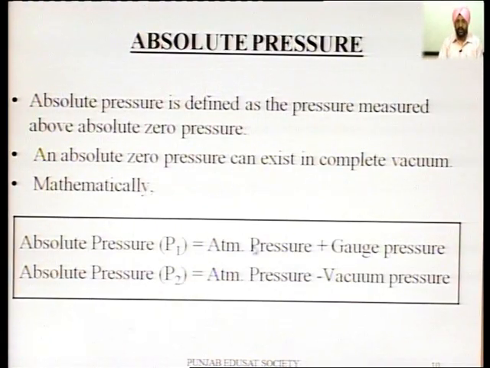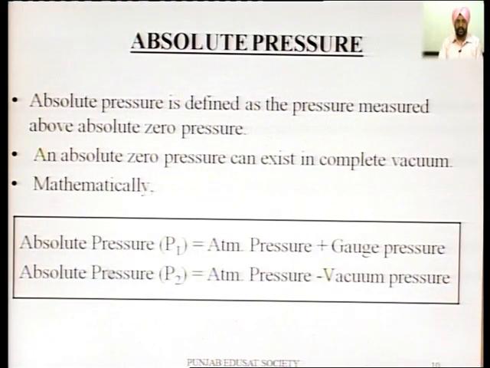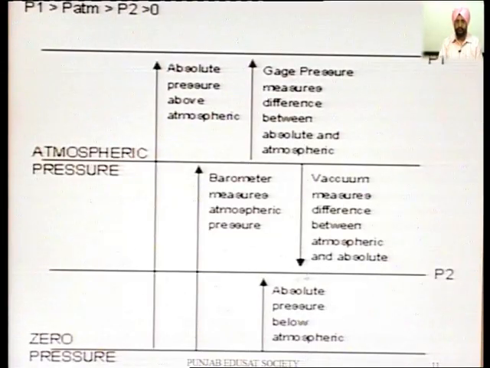And the second relation, if I am interested in calculating absolute pressure here, it will be atmospheric pressure minus vacuum pressure, as you have seen here. Absolute pressure is equal to atmospheric pressure minus vacuum pressure. So we have four different levels. This is the zero pressure level, with atmospheric pressure as a datum level.